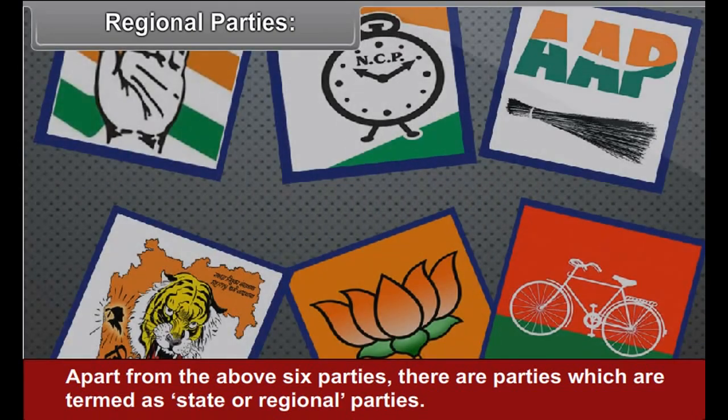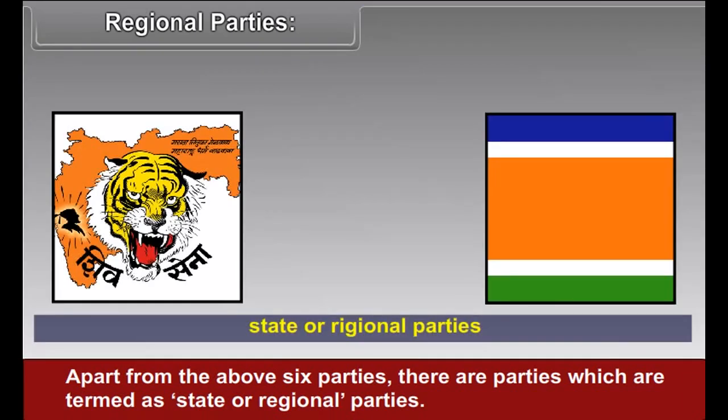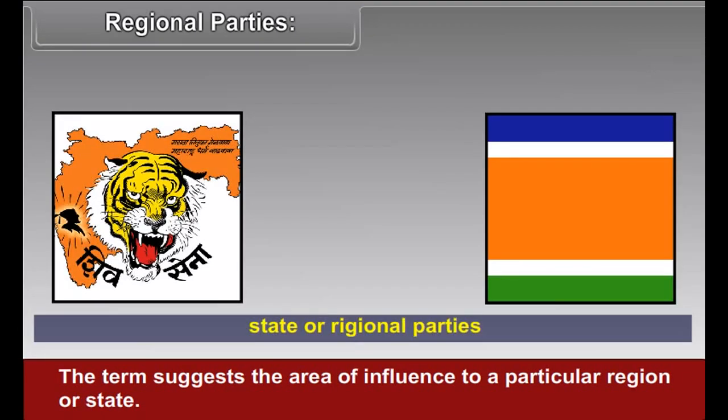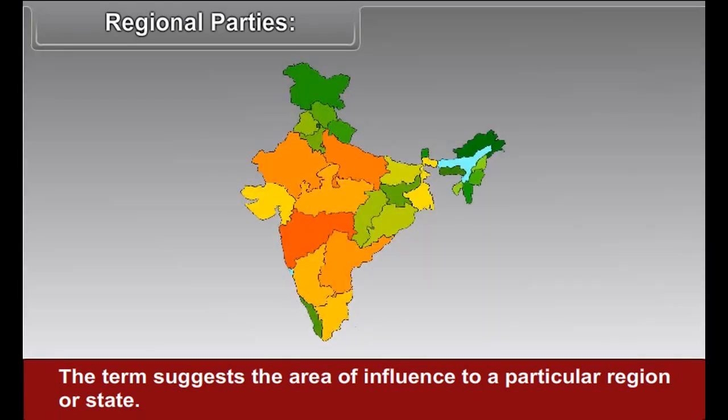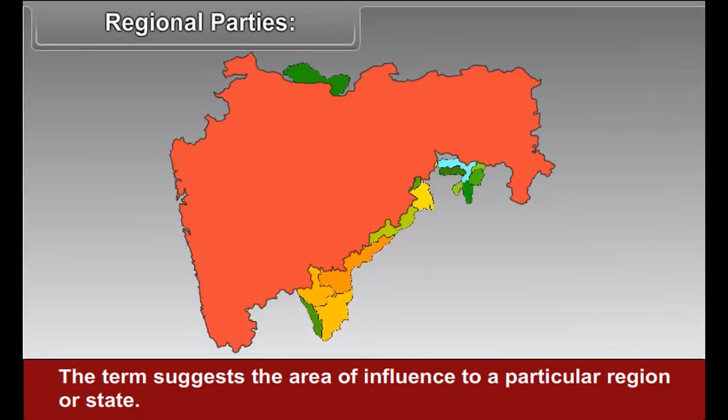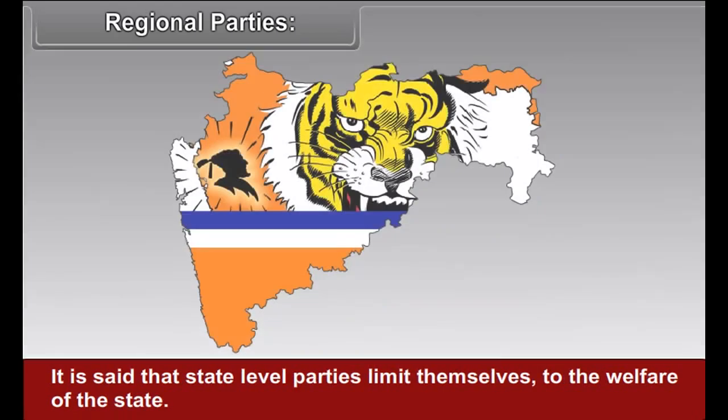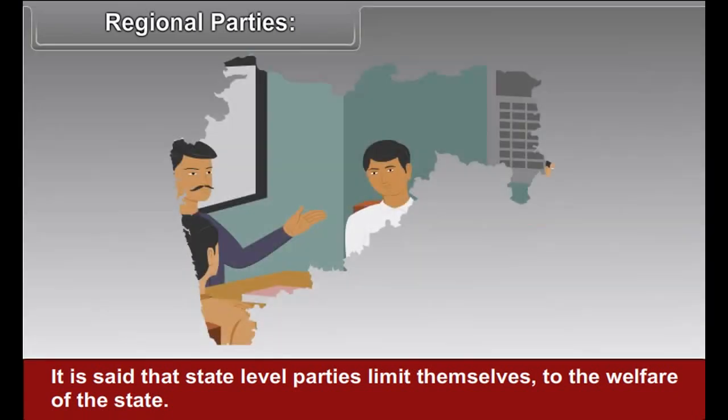Regional parties. Apart from the above 6 parties, there are parties which are termed as state or regional parties. The term suggests the area of influence to a particular region or state. It is said that state-level parties limit themselves to the welfare of the state.